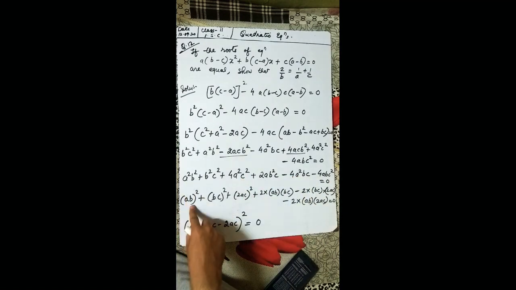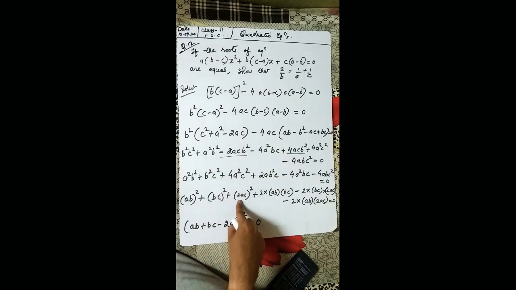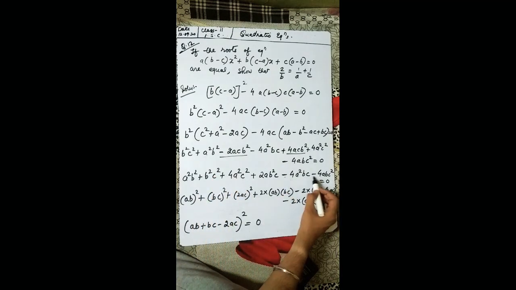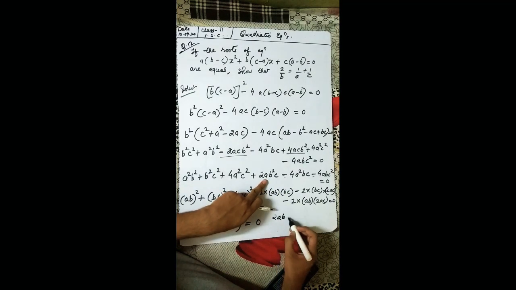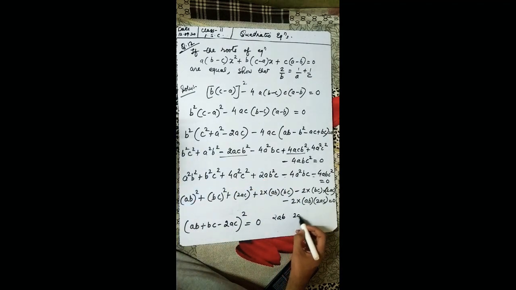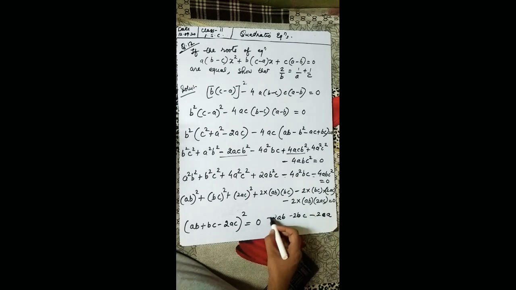This term indicates 2ab, this term indicates 2bc, and this term indicates 2ca, and in front of it a minus sign is there, which means a as well as b, they both are positive.